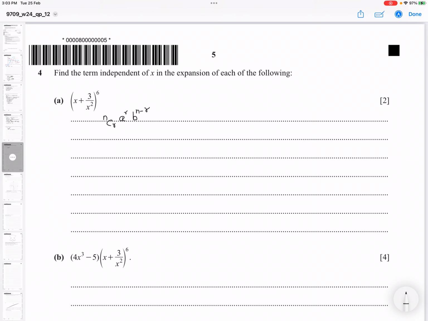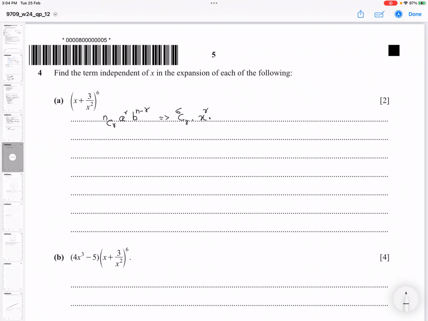So we can write our n is 6, 6Cr, our a is x, x power r, our b is 3 over x square. So if I bring x square in the numerator, it becomes x power negative 2.